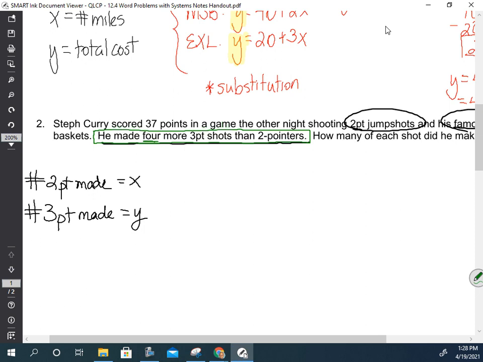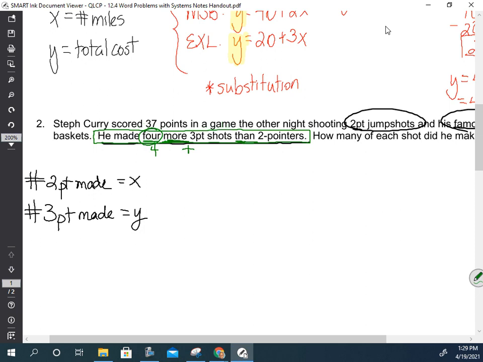So 4 more is an indication of what operation? If you have 4 more of something, am I adding, subtracting, multiplying, dividing, kicking, screaming? I know I have 4 more than, which means something. That's addition.